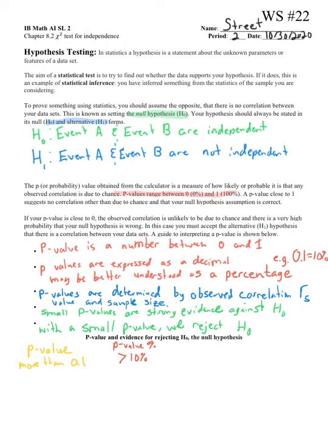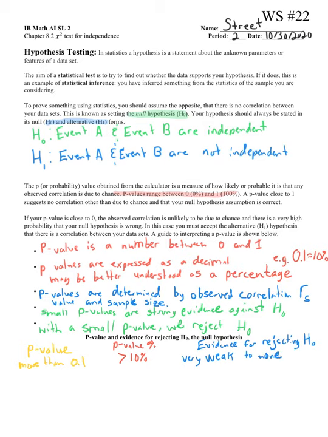And then we would say the evidence for rejecting the null hypothesis, when it's more than 10%, we're going to say it's very weak, actually. Not just weak, but very weak to none.